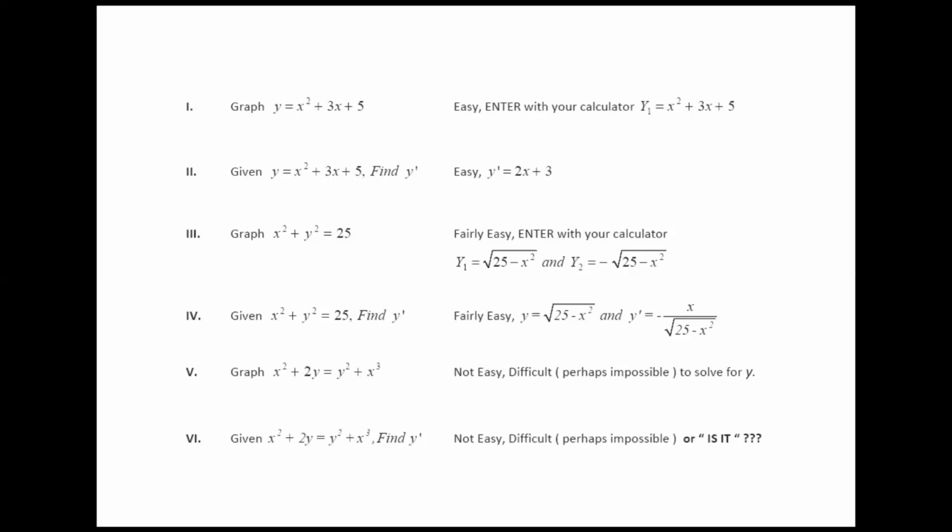One is you could just create a table, assign values to x, and find out the y, or you might use another graphing system, rather than the rectangular coordinate system, called polar coordinates, which are circular graphs, but that's beyond the scope of this course and this discussion.